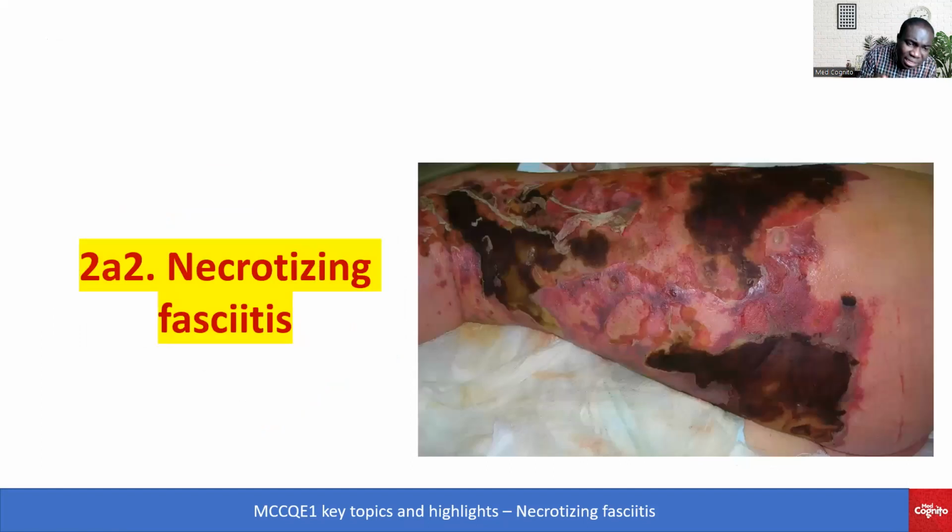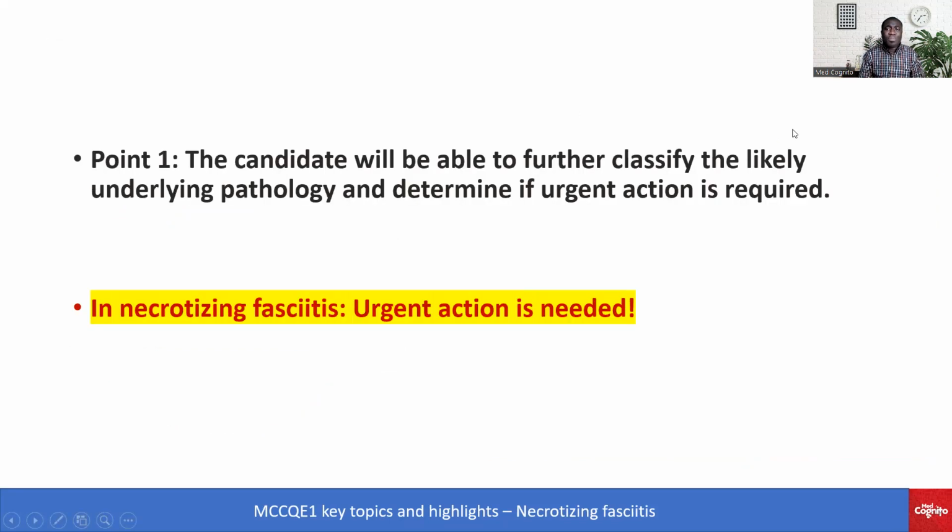So, necrotizing fasciitis, now that I have your attention, it's a very important topic and it's found in the MCC objective. And what should the approach be? So, point one is that the candidate will be able to further classify the likely underlying pathology and determine if urgent action is required.